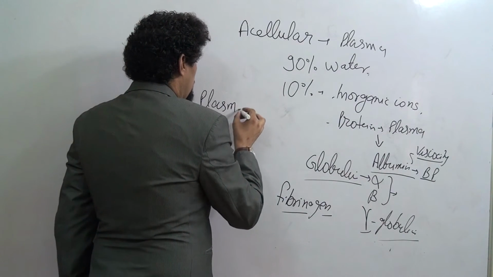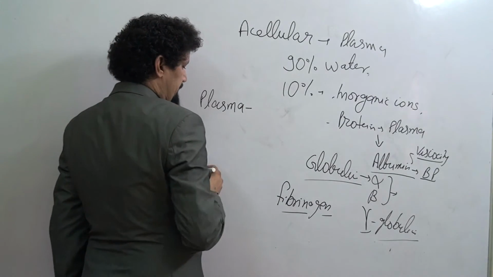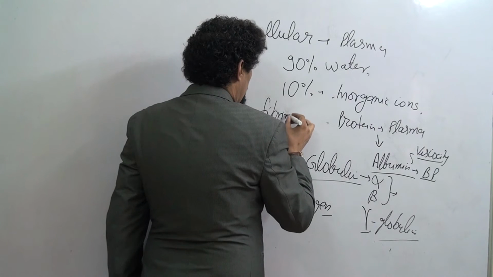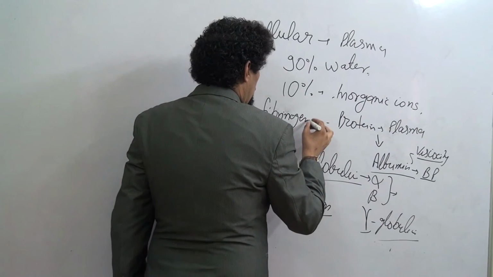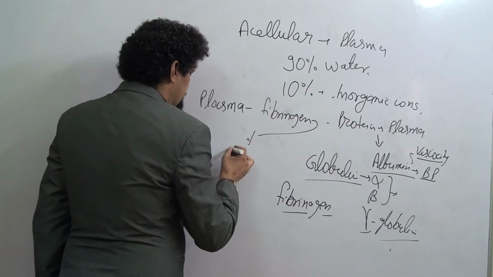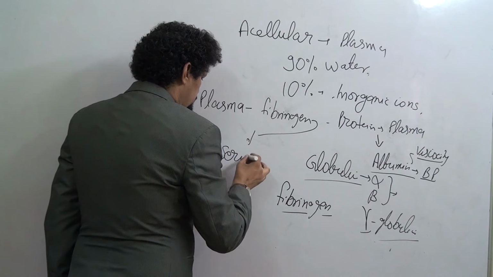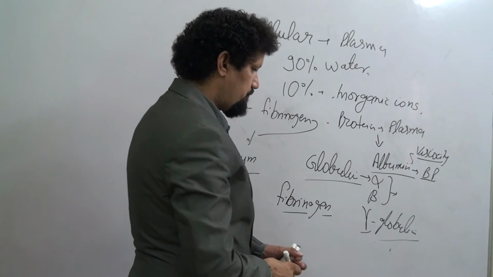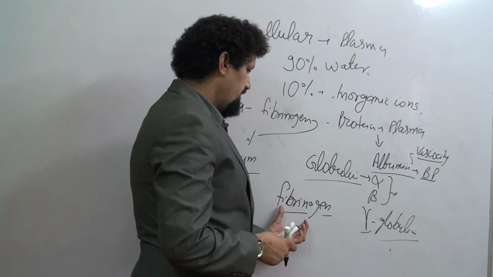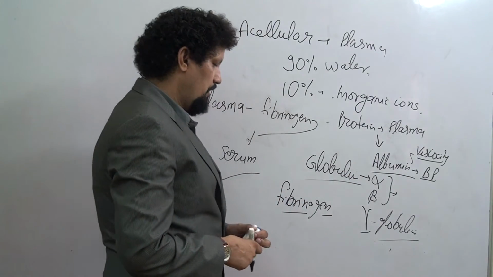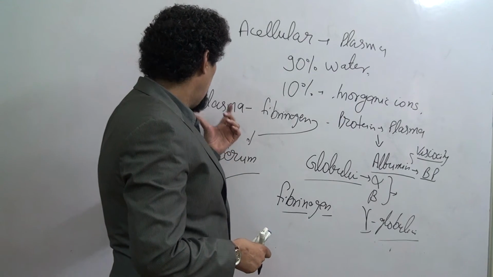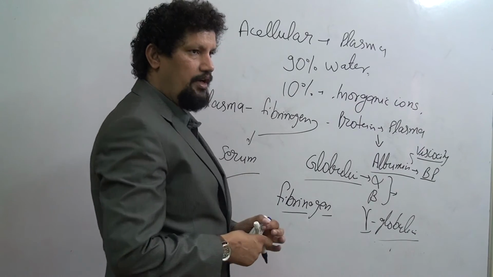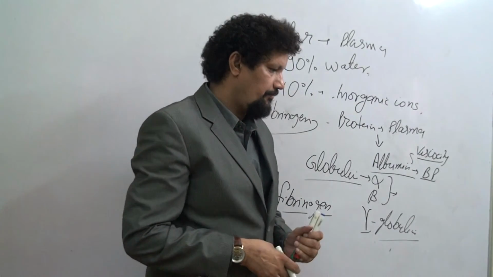So plasma minus fibrinogen is known as the serum. Fibrinogen is thrombogenic, and when we remove it from the plasma, it is known as serum.